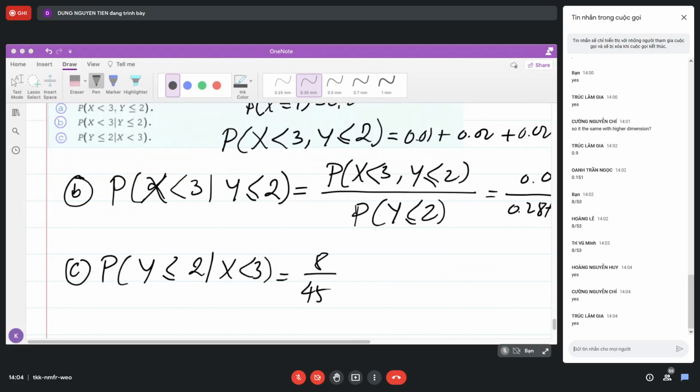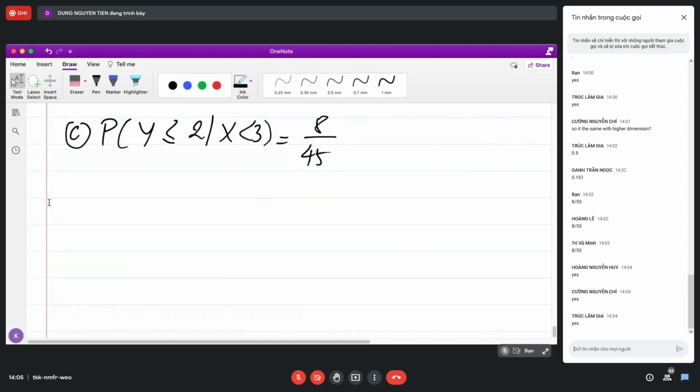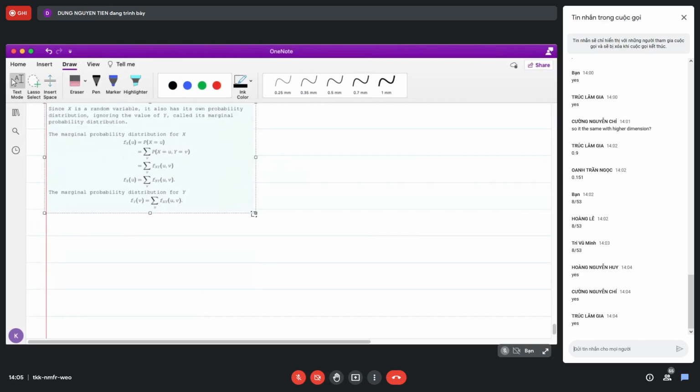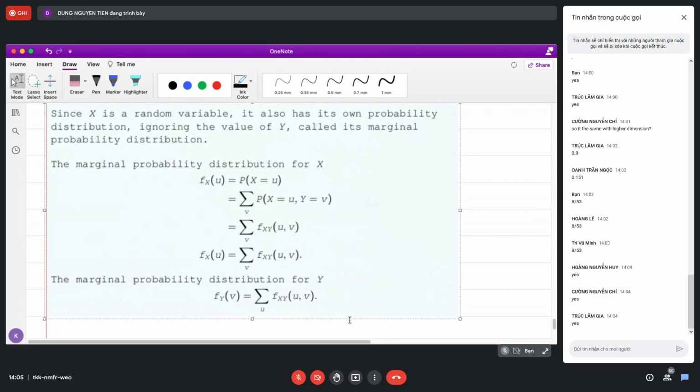All right. Finally, this is what I mentioned about the marginal distribution. You get f(u) is the probability that x equals u.